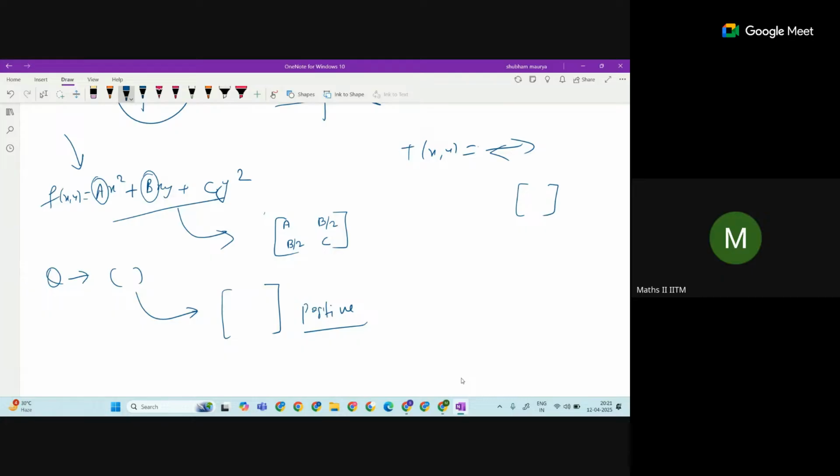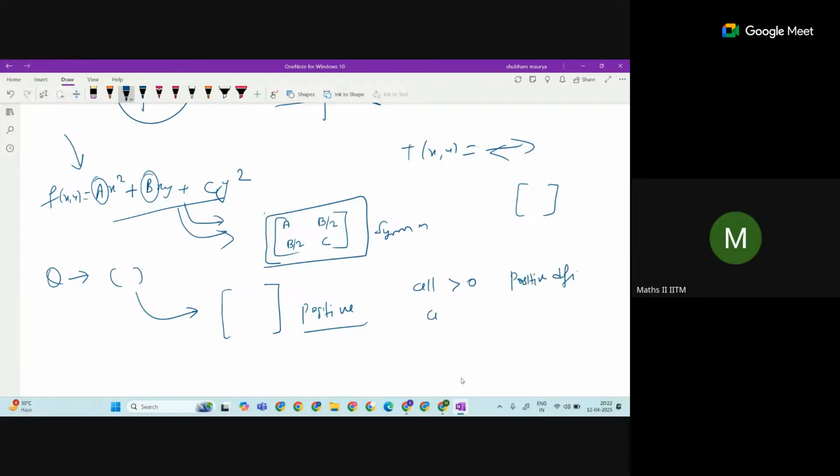Generally it is asked in two variables, so no need to worry. Using this formula, you can generate the matrix, which is a symmetric matrix. Once you have a symmetric matrix, we have done many times how to find the eigenvalues and eigenvectors. If all eigenvalues are greater than 0, then it is directly positive definite.